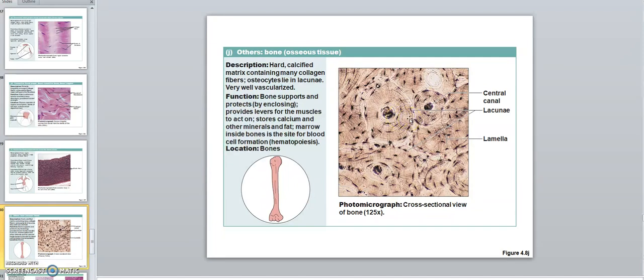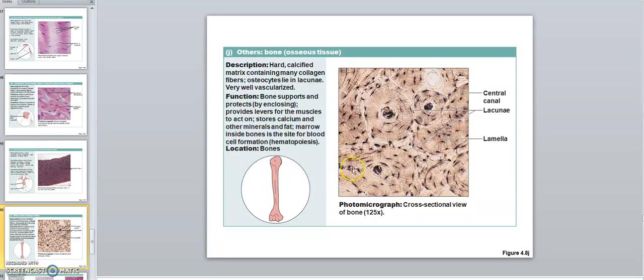Now, why they are like that, go back to the bone thing and find out what's inside. I may even ask you that. What's in a lacunae? So you want to go back and tie this in with the didactic part of the course. Right here is interstitial lamellae. These are concentric lamellae. Interstitial lamellae, concentric lamellae.